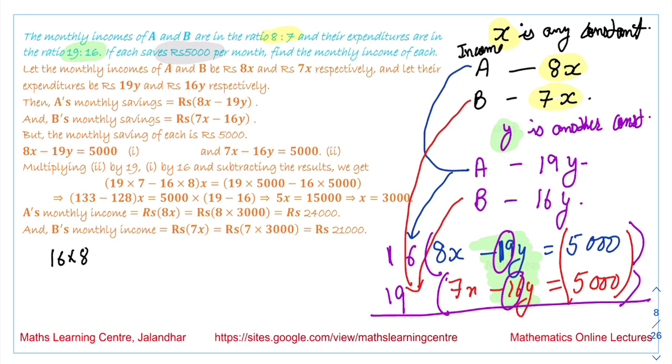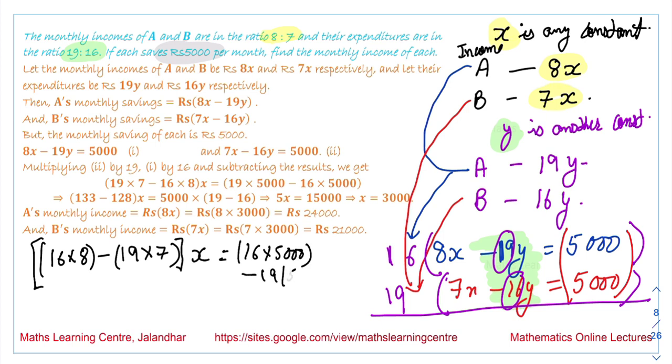16 into 8 minus 19 into 7x, this term is in bracket, that is equal to 16 into 5,000 minus 19 into 5,000. So the answer that you will get is 128 minus 133x.